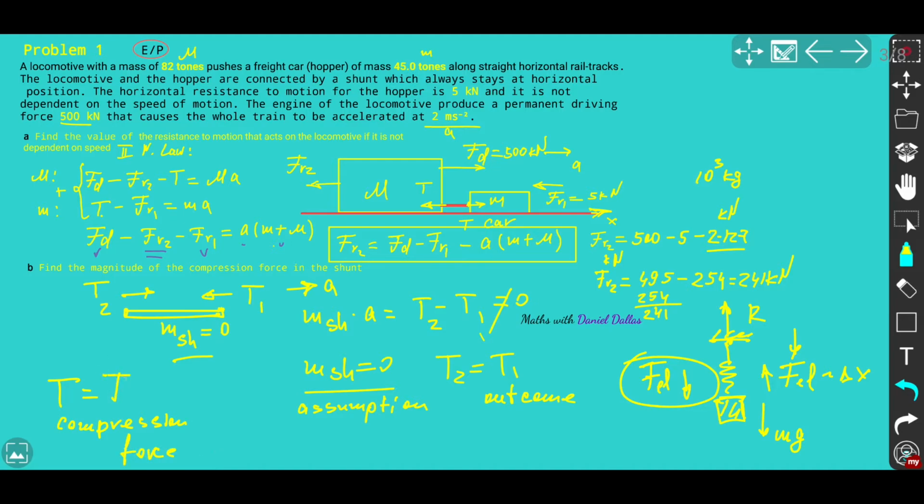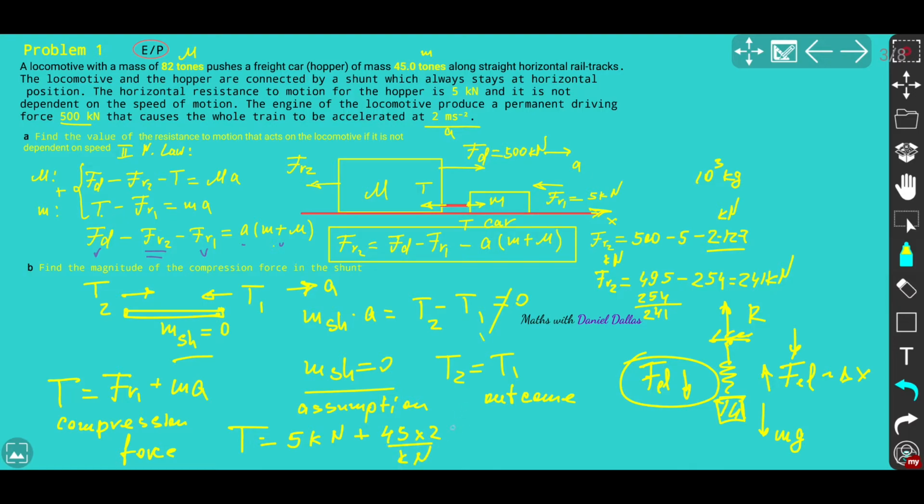It's going to be FR1 plus, so 45 tons, which in our case is MA. So we can add to 5 kilonewtons M times A, which becomes 45 times 2. This result also will give us kilonewtons.